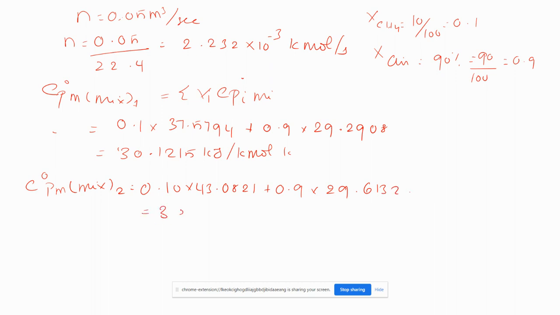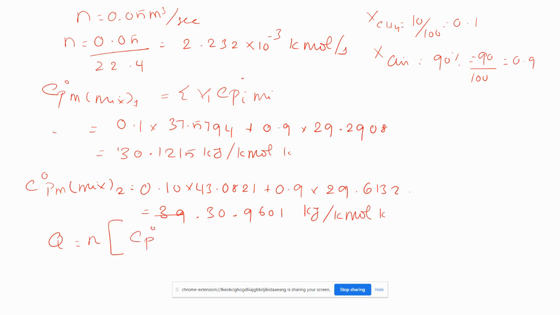So you will get the answer as 30.9601 kilojoules per kilomole Kelvin. Now you have to write the formula for Q.